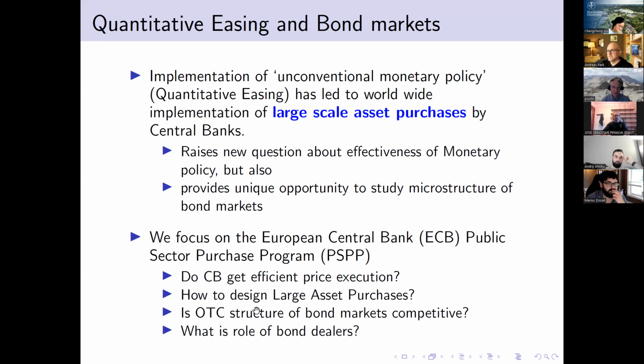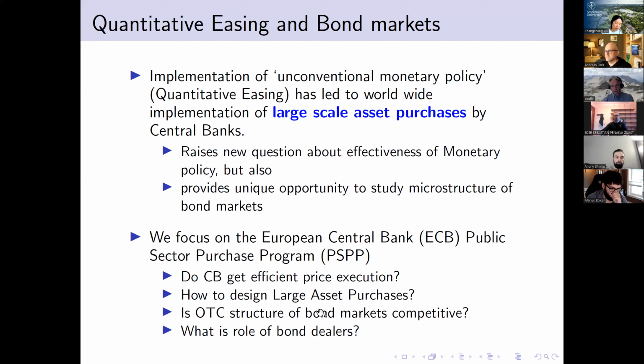That ties into how one might design these large-scale asset purchases in the future, and it helps us think about the structure of sovereign bond markets and the role of bond dealers.